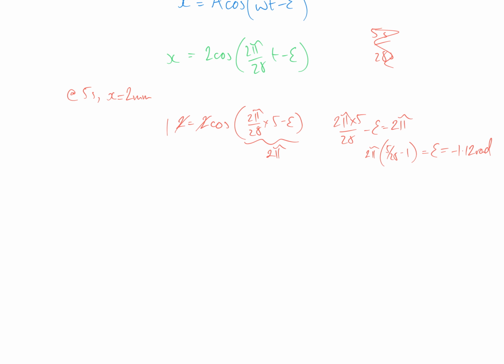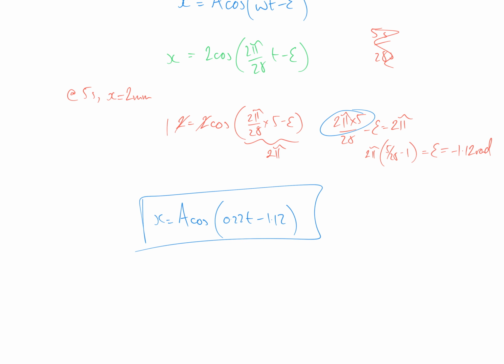So, to finish off in blue, x is a cos, and I will even bring down the 2 pi times 5 over 28, which is 0.22, t minus 1.12. There it is. I hope that makes sense.